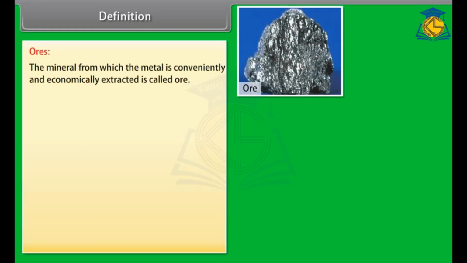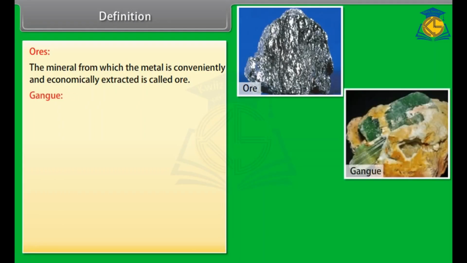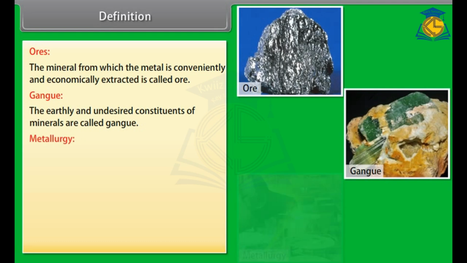Definition. Ores. The mineral from which the metal is conveniently and economically extracted is called ore. Gangue. The earthly and undesired constituents of minerals are called gangue. Metallurgy.